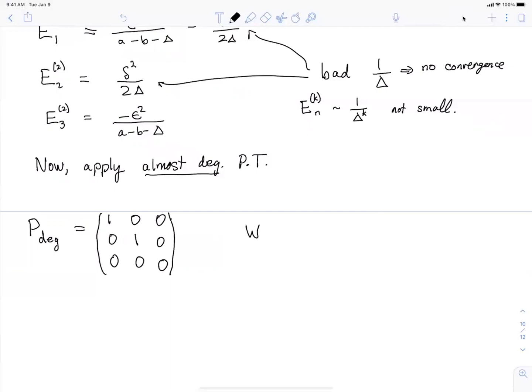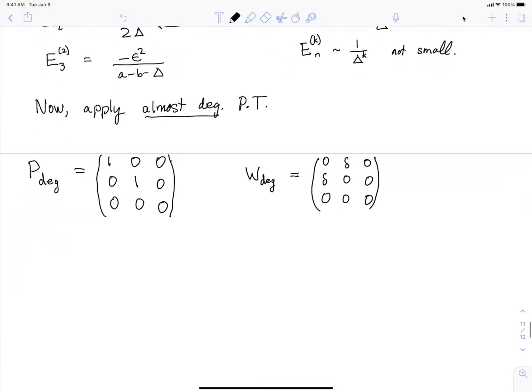Okay, and so if you apply that to W, the W degenerate is just going to be what you get by writing down the same thing for the first 2 states and then rejecting everything else. So you put zeros everywhere else. And so now from those, we can construct what H0 prime is.